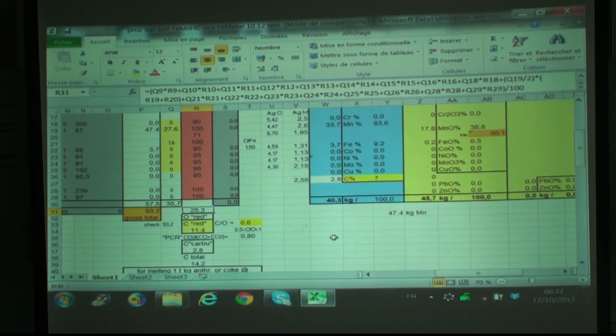The same is in MnO, the Mn over O is 1, and here the Mn over O is 0.5.